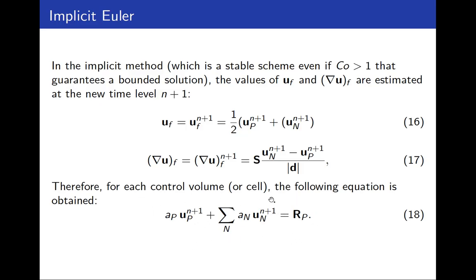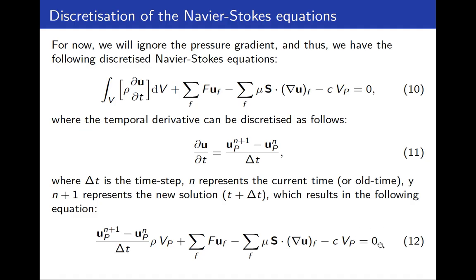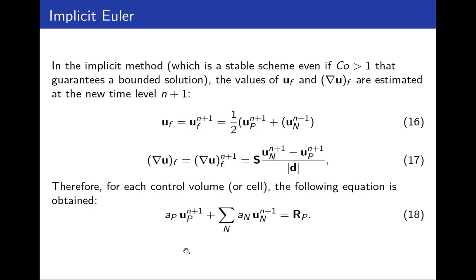And for each control volume, we will obtain a similar equation. Remember, in the finite volume method, we solve the momentum conservation equation, in this case equation 12, for each of the cells. And for each cell, we obtain an equation similar to equation 18.